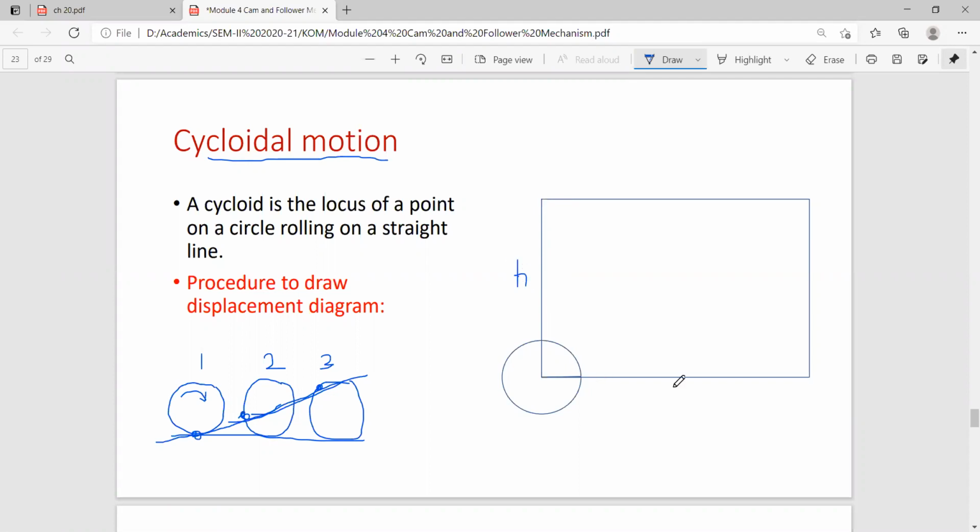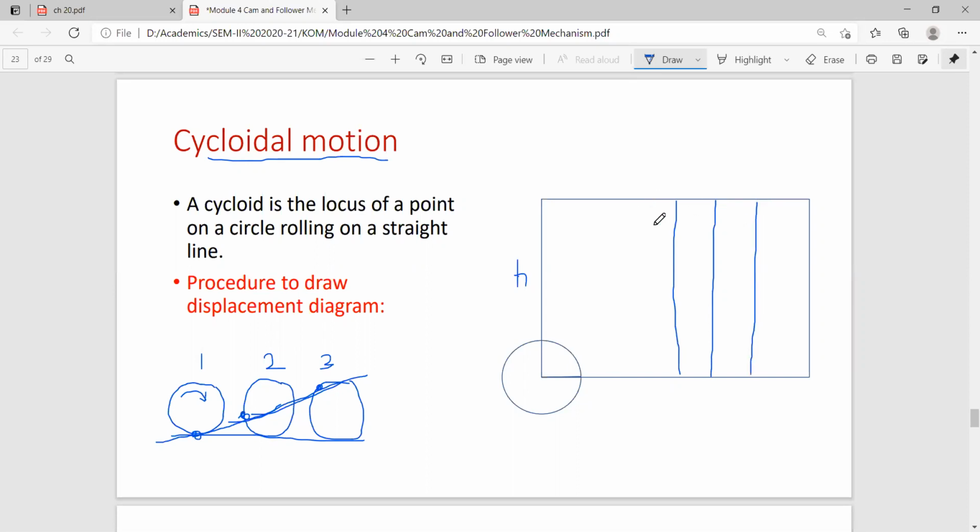Then this length you can select anything, which you can divide into 6 equal parts. We are keeping it 6 only. You can take 8 also, but 6 is advisable. That will reduce your construction time.